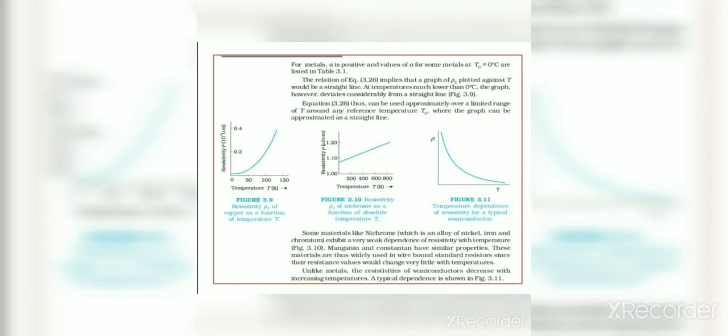In figure 3.10, we can see that resistivity increases linearly with temperature for alloys like nickel. From figure 3.11, we can see that resistivity sharply decreases as the temperature increases for a semiconductor.